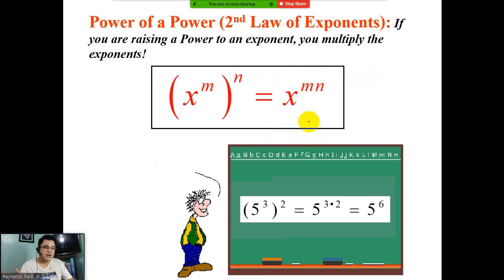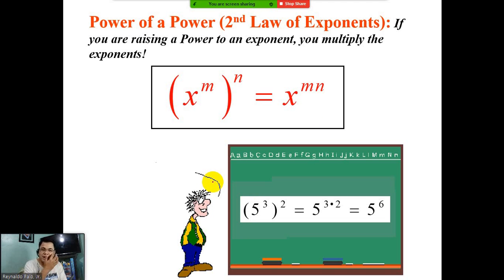Alright? Next, power of a power law of exponents, or what we call the second law of exponents. If you are raising a power to an exponent, you multiply the exponents. Unlike the multiplication law, where we add the exponents, here you multiply the exponent outside the grouping symbol by the exponent inside the grouping symbol.